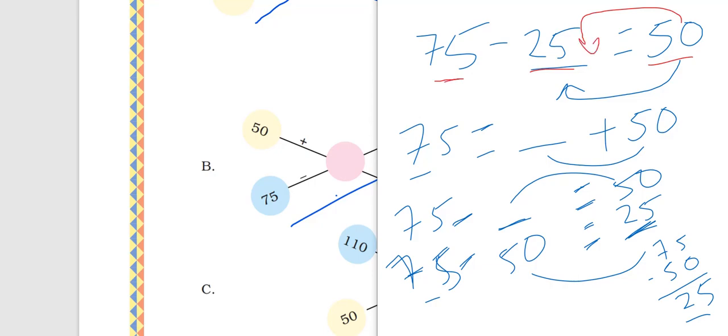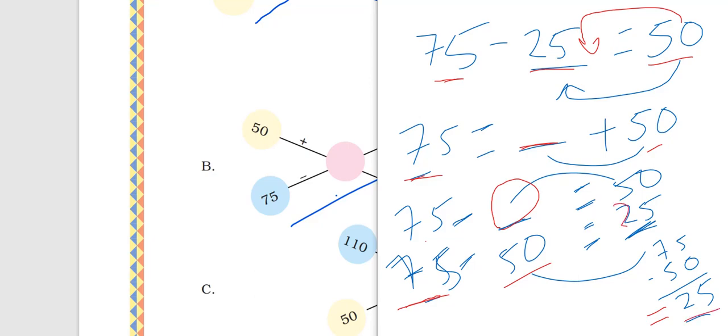That means if we subtract that number from 75, you get 50, which also means if we subtract 50 from 75, we get what? 75 minus 50 is 5 minus 0 is 5, 7 minus 5 is 2, 25.